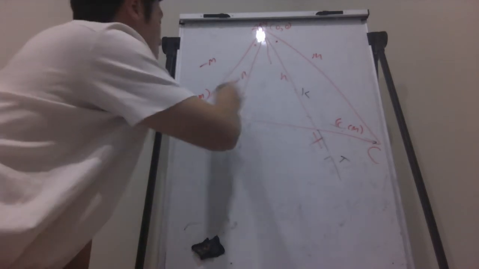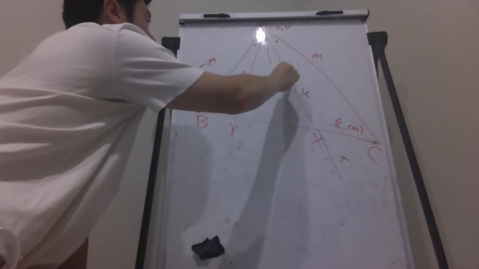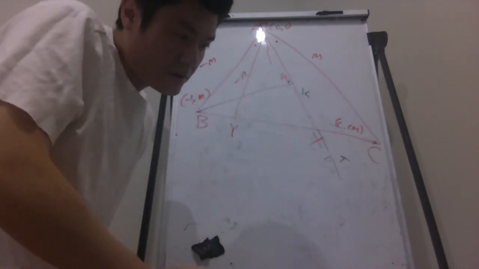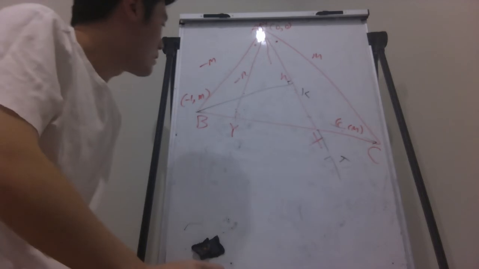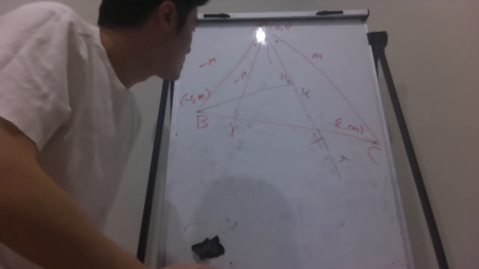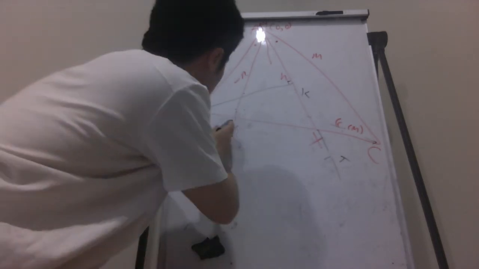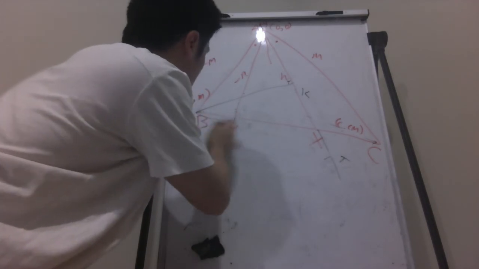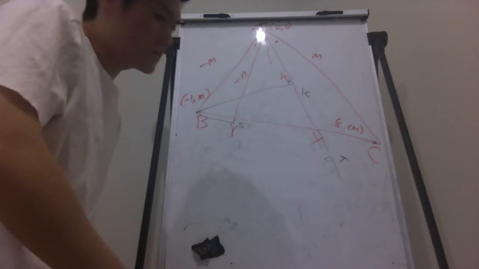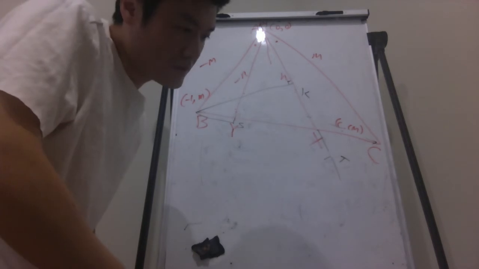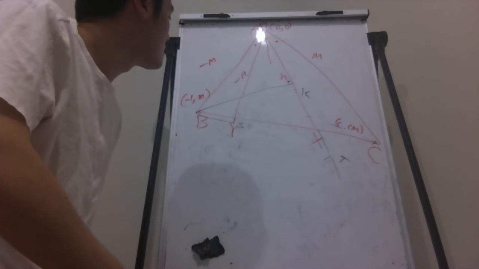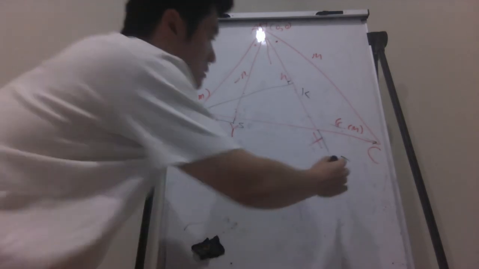So how is the perpendicular? Maybe it's like that, right? S is the feet of the perpendicular from AY, so maybe like here then. T is the feet of the perpendicular from C to AX. So that's T, right?